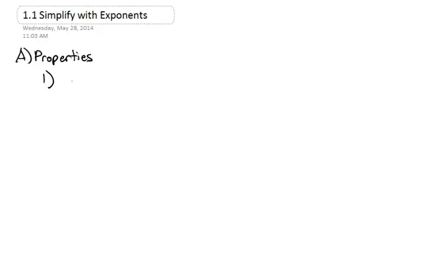To set these up, first let's look at a squared times a cubed. A squared means there's two a's multiplied together, and a cubed means there's three a's multiplied together, which means in total we've got 5 a's.